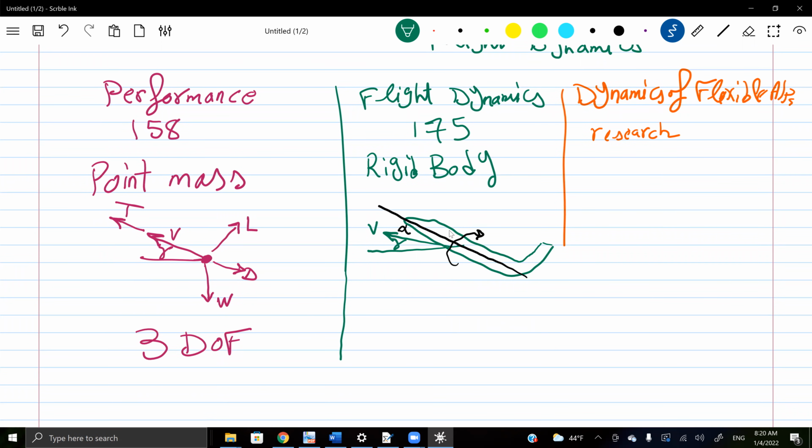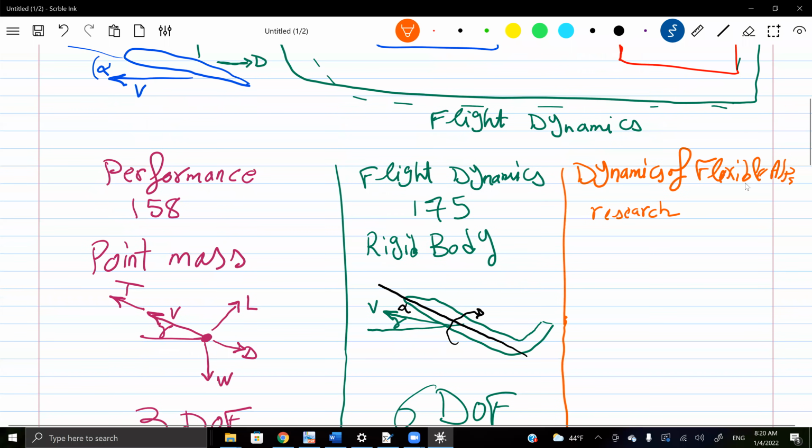Well, I can rotate about this axis, exactly, about this axis, and that axis, the 3 axes. So in the very general case, there will be 6 degrees of freedom: 3 translational degrees of freedom and 3 rotational degrees of freedom, simply, right? So this is actually the topic of our course here.